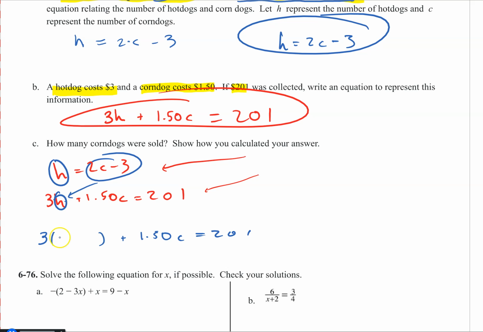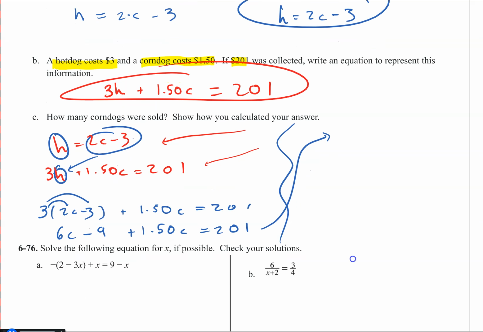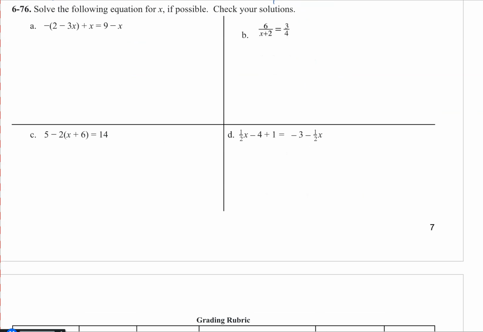So instead of writing H, I can write 2C minus 3, because H is the same thing as 2C minus 3, according to this equation. Solve for C. That's the number of corn dogs. Then figure out the number of hot dogs. 6-76, and this is the last one.